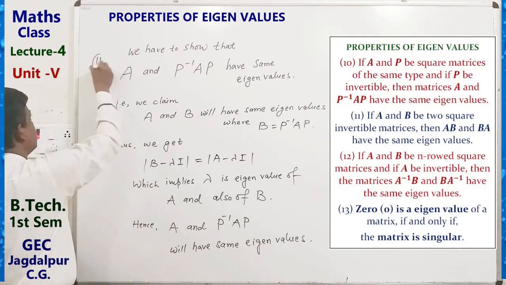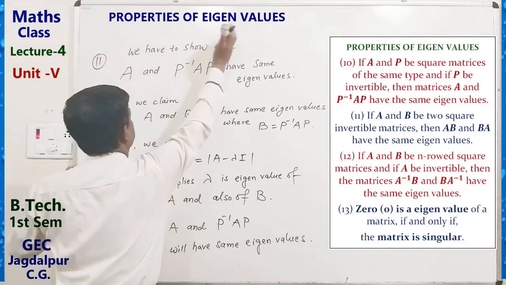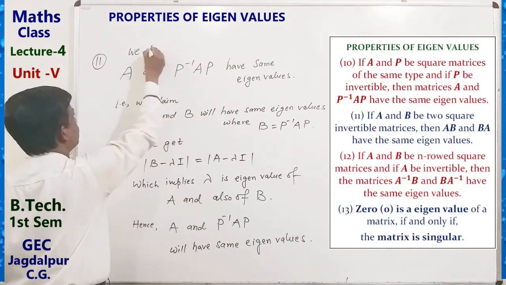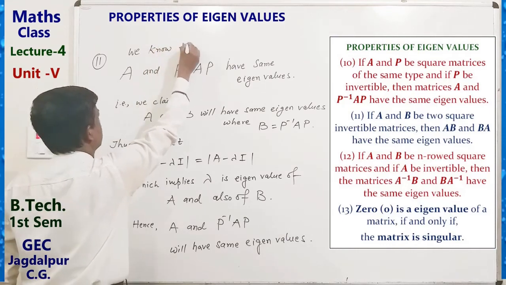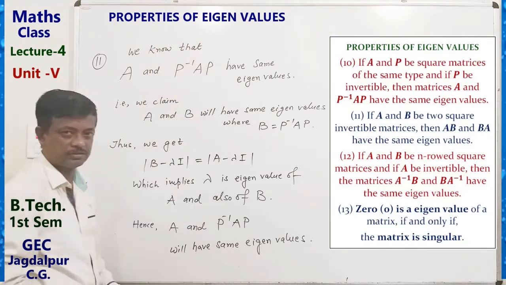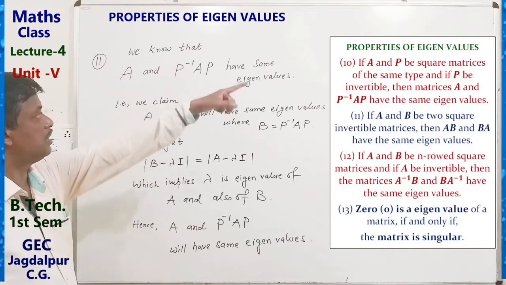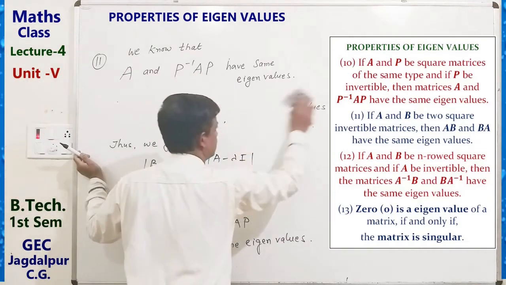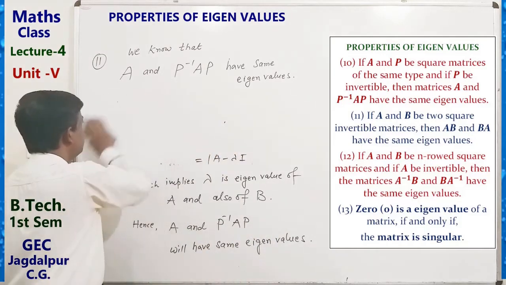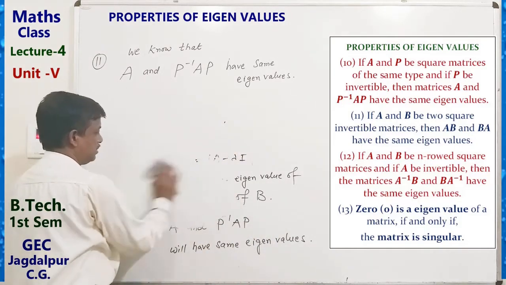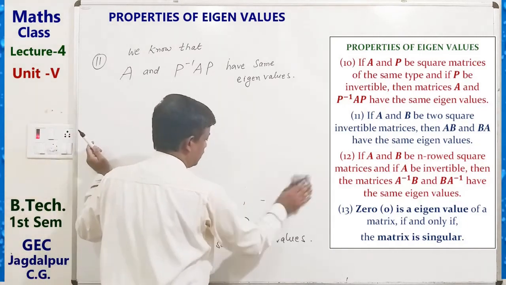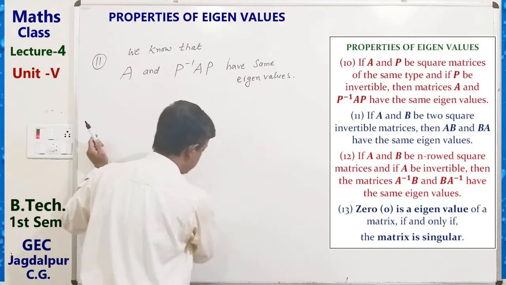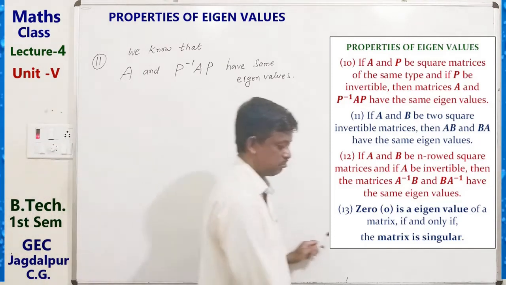We know that A and P inverse AP have same eigenvalues. Just use this for proving if A, B are invertible matrices, then multiplication AB and BA will have same eigenvalues.